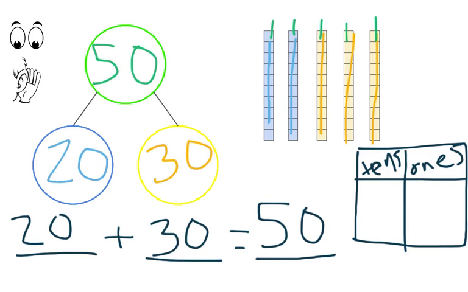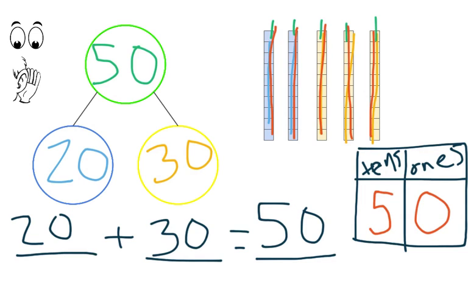Now we're going to fill in our tens and our ones. So we have how many groups of 10? We have 1, 2, 3, 4, 5. And there are no ones, so we're going to write a 0. This is looking at how many groups of 10 and how many ones.